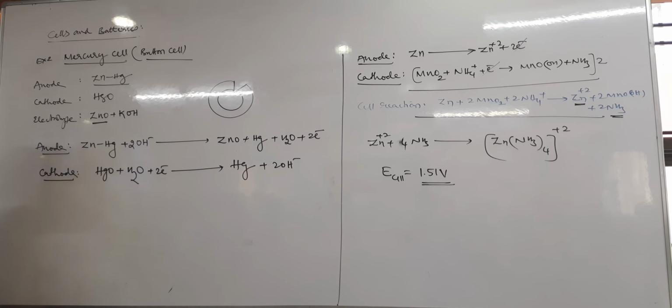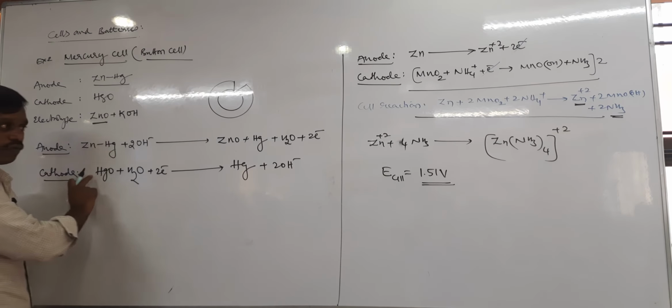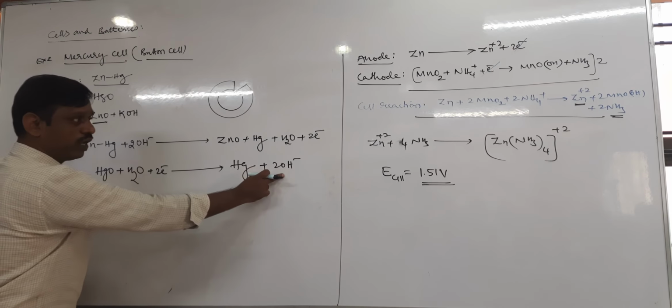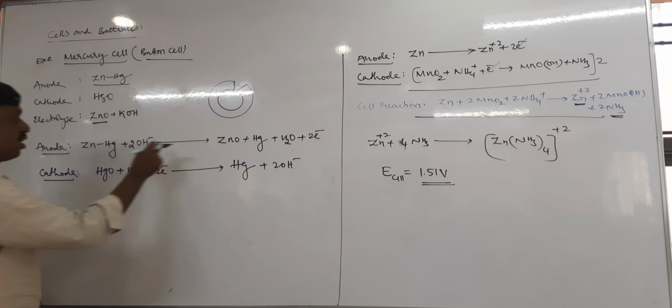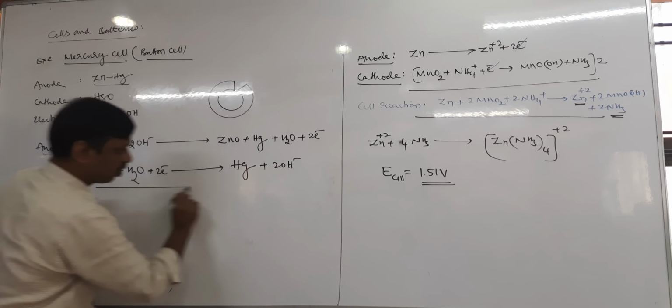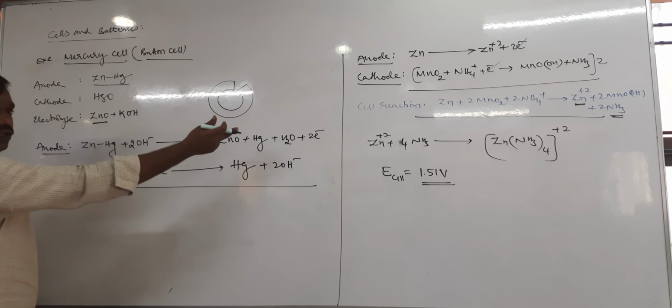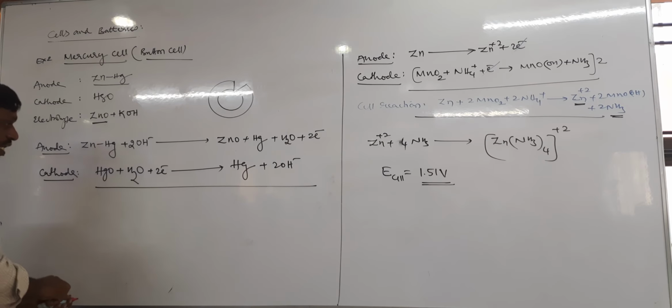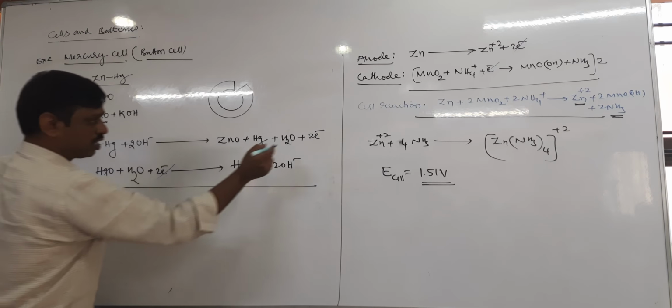Balanced or not? Mercuric oxide converts into mercury, and by taking water it converts into OH minus. That OH minus is again involved at the anode. In the first equation 2 electrons are lost, here 2 electrons are gained, so the equation is already balanced with respect to electrons.